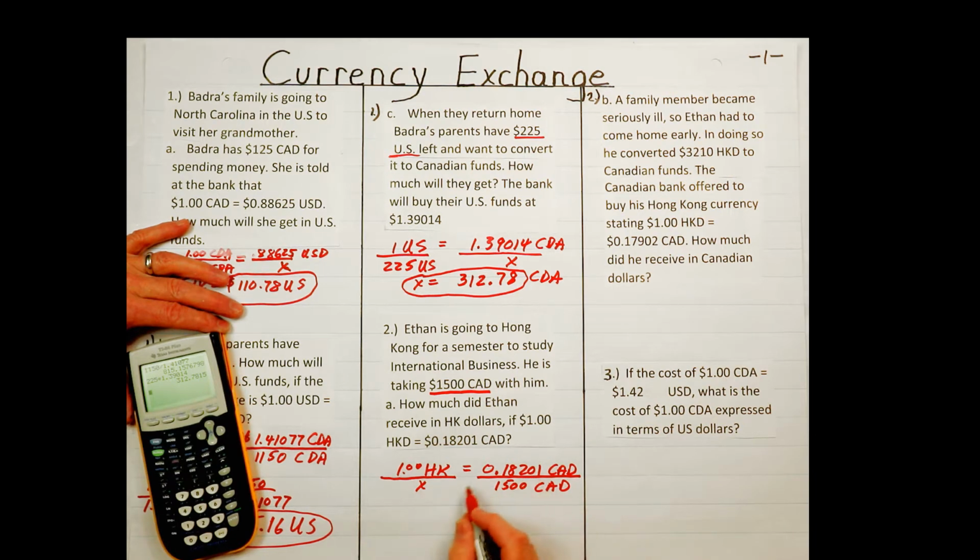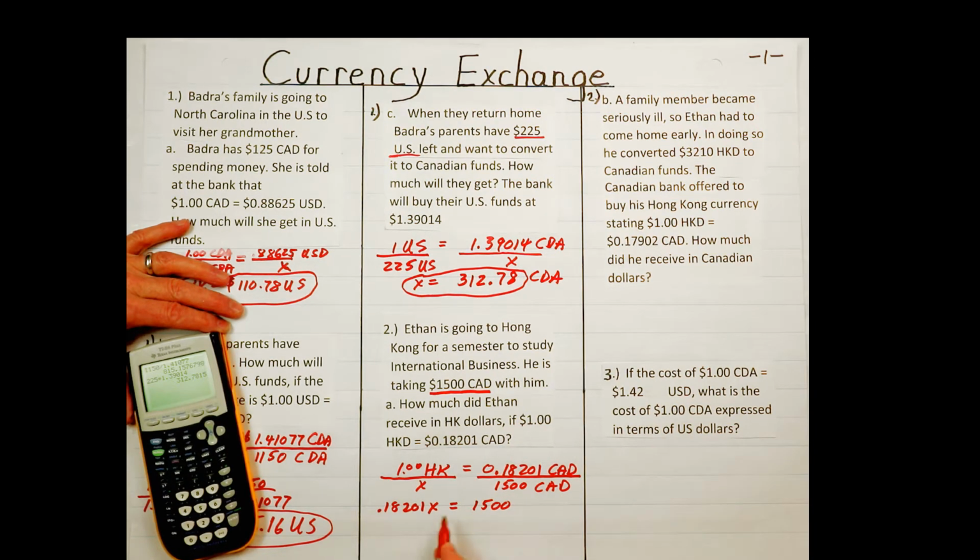Now, if we cross multiply X times decimal 18201, we get 18201X. And cross multiply the other way, 1 times 1,500 is 1,500.